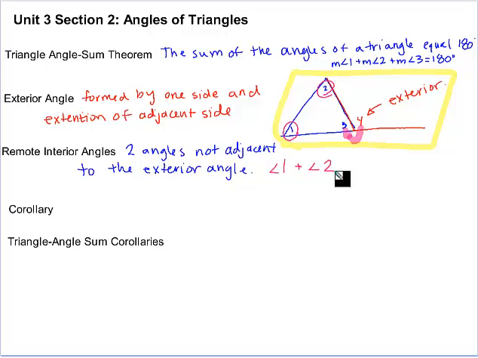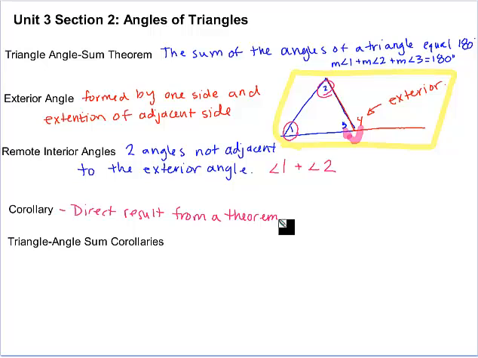And then we have something called a corollary. Corollaries are just a direct result from a theorem. And these theorems, recall, are something that had to be proved, but once they're proved, they're accepted as fact. So a corollary is a result because of our theorem.